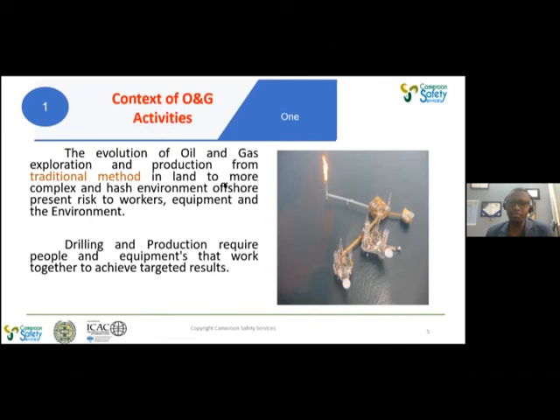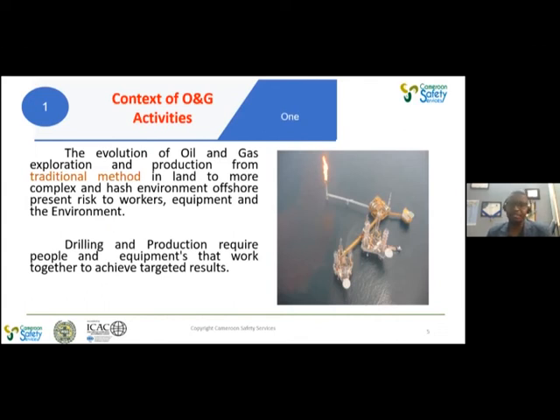As time moved on, these resources were overexploited, and now they are becoming scarce. So there has been a need to develop new technology, new equipment, and train new people to work in very harsh environments, in remote and inaccessible areas, and all these have come with some form of risk to people, to equipment, and to the environment.